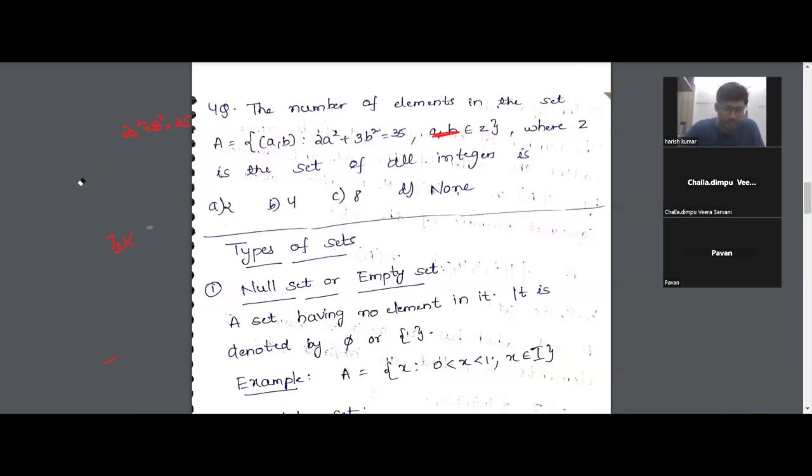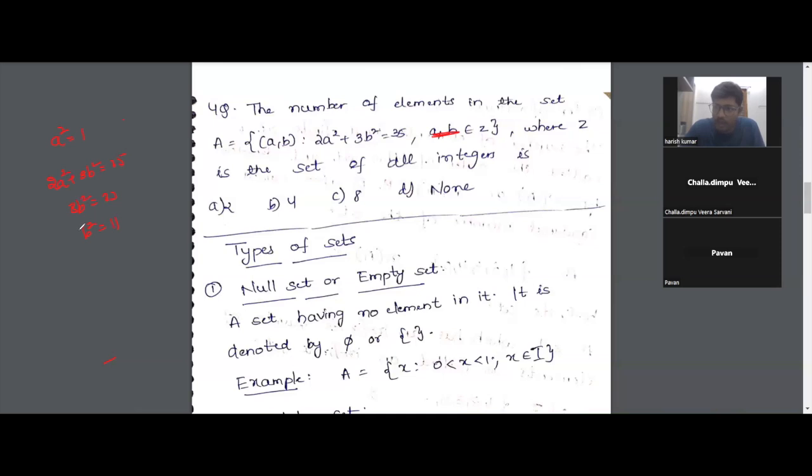Then let's use a square equals 1. In that case, 2a square plus 3b square equals 35 will become 3b square equals 33 and b square will be equal to 11.